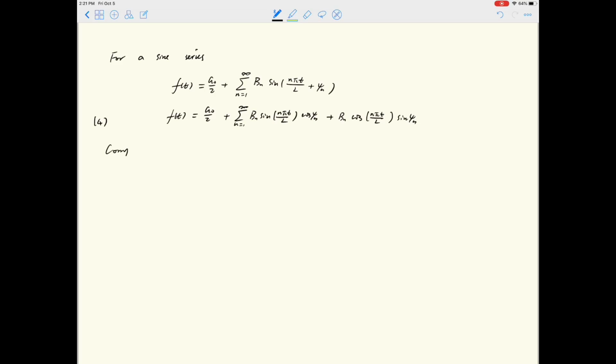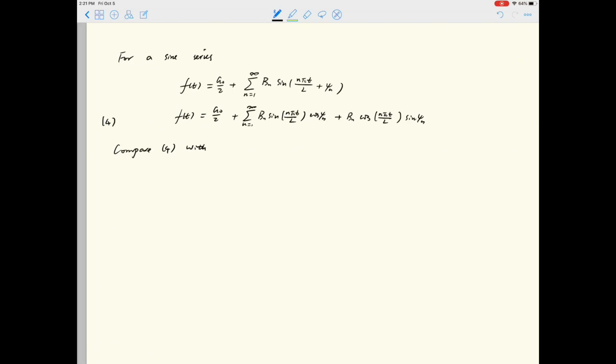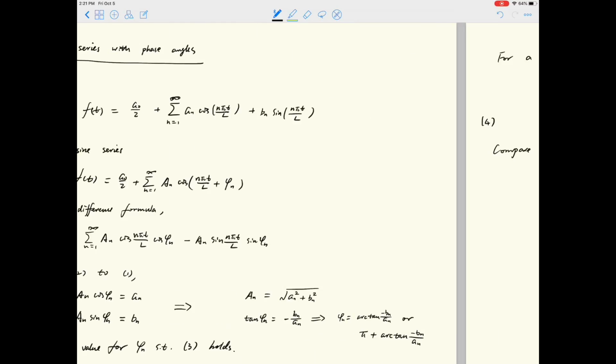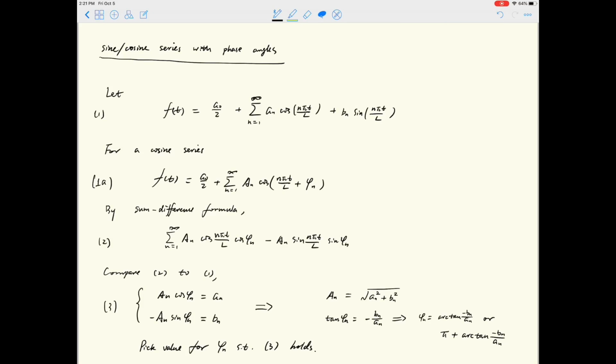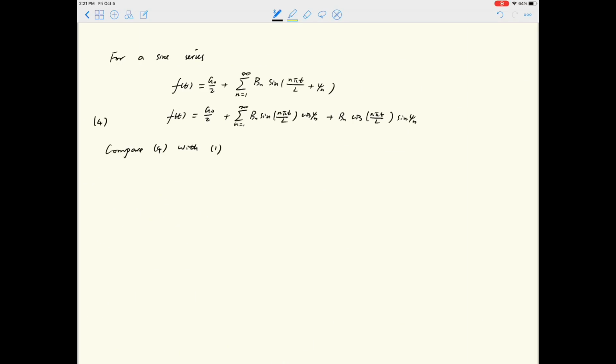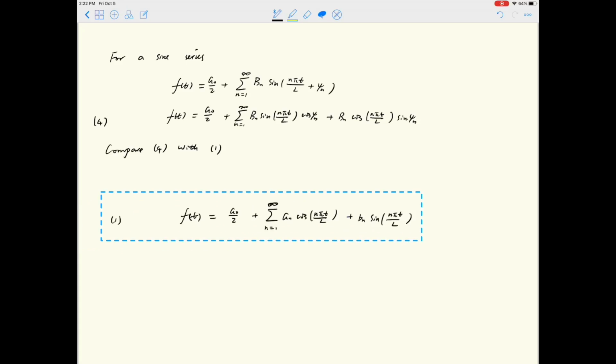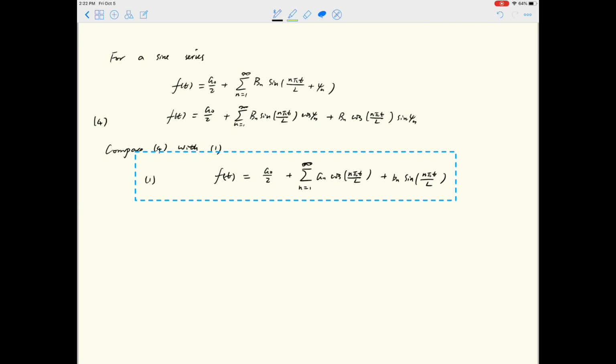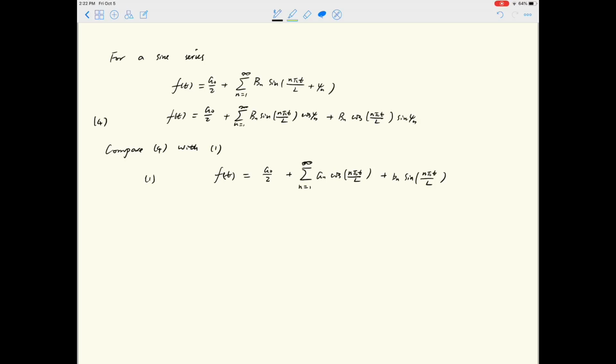Now, compare 4 with equation 1. So let me copy over equation 1 here. So compare these two equations.